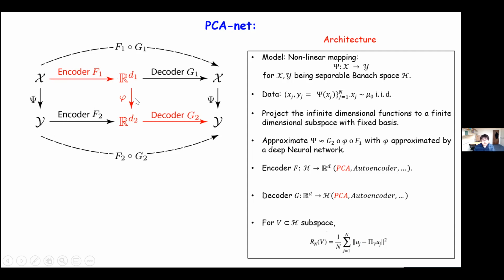This is achieved by the so-called encoder and decoder architecture. For this, you can use either PCA or an autoencoder, and there are a range of them that one can use. But in this study, we use PCA, and hence we call it PCA-Net. After this dimension reduction process, we will have reduced dimension x and y, and then we will basically build a neural network between these reduced dimensional spaces.